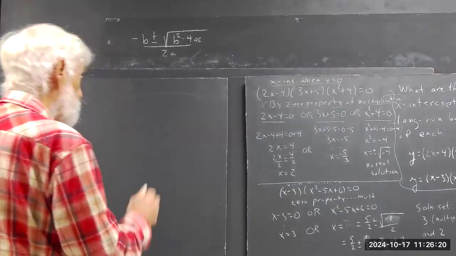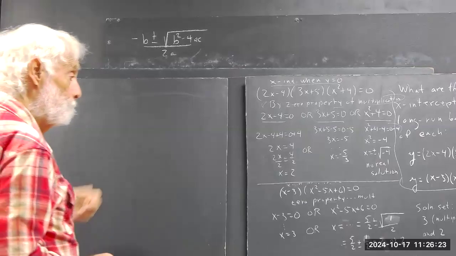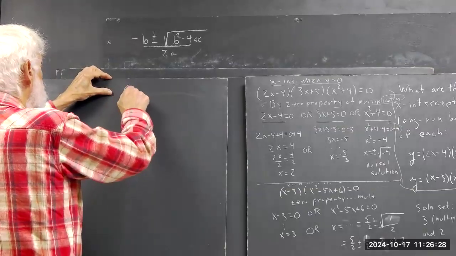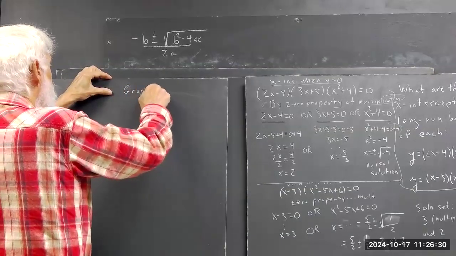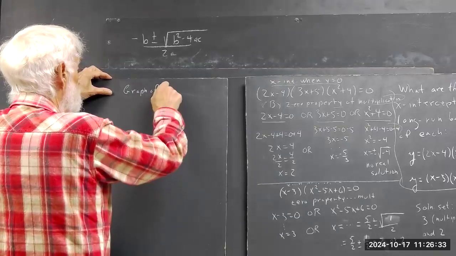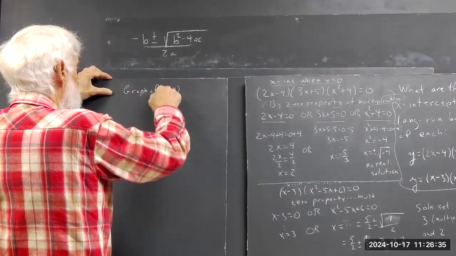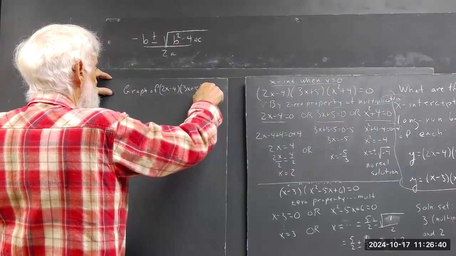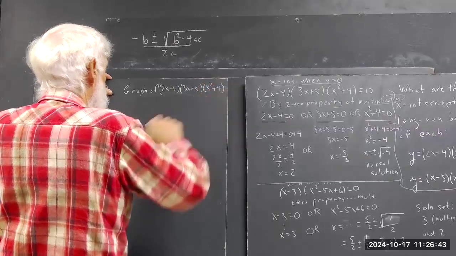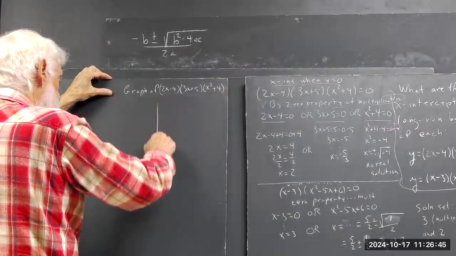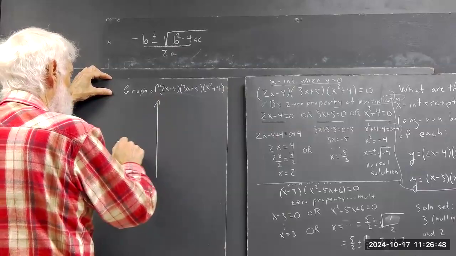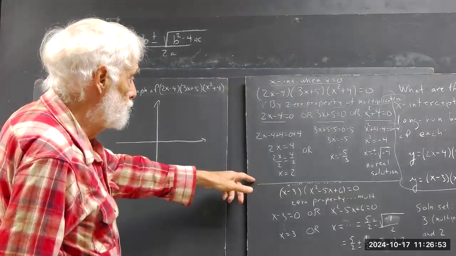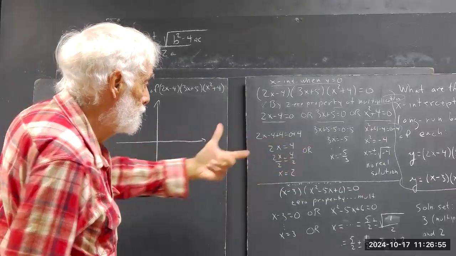Now, let's graph. Your x-intercepts are at 2, -5/3, and that's it.